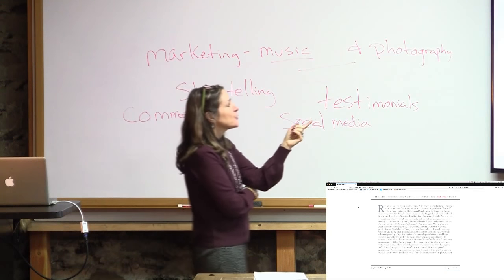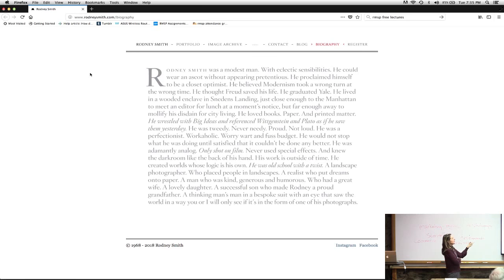Seriously. Okay, so Rodney Smith was a modest man with eclectic sensibilities. He could wear an ascot without appearing pretentious. He proclaimed himself to be a closet optimist. He believed modernism took a wrong turn at the wrong time. He thought Freud saved his life. He graduated Yale. He lived in a wooded enclave in Students' Landing, just close enough to Manhattan to meet an editor for lunch at a moment's notice.